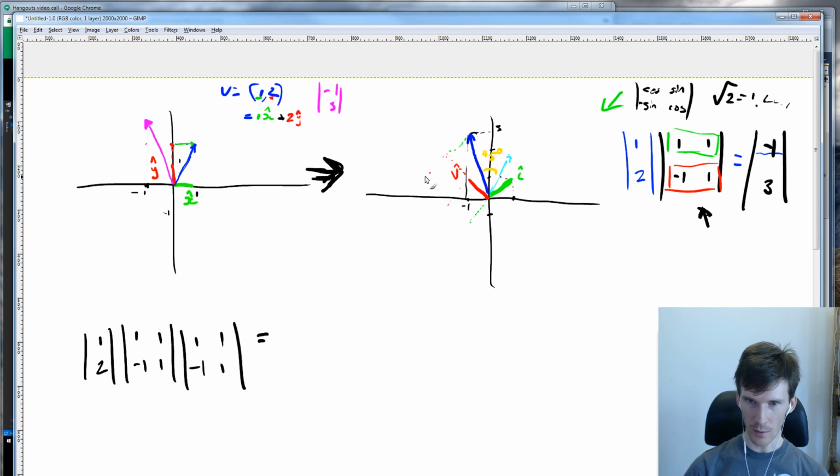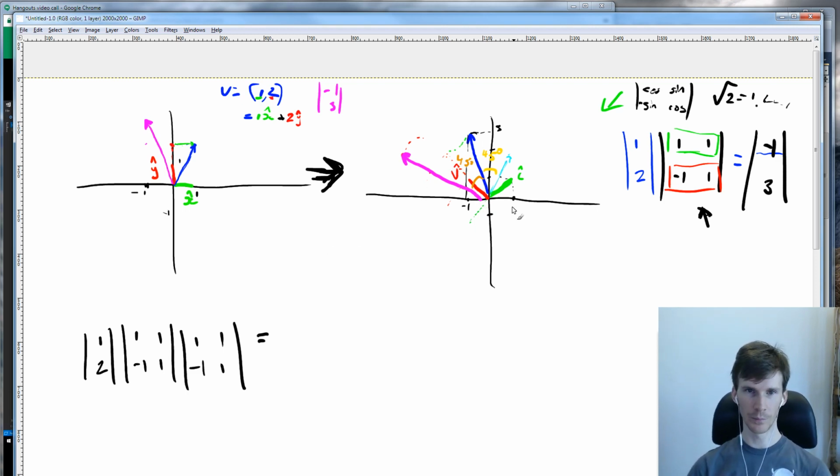So there's 1, there's 2, and 3 would be up about here. And the result of that transform ends up being a vector here. And as you can see, we've scaled it up again. You can see it goes 1, 2, 3, and it's also rotated around another 45 degrees. So hopefully that makes sense geometrically, what we've done?